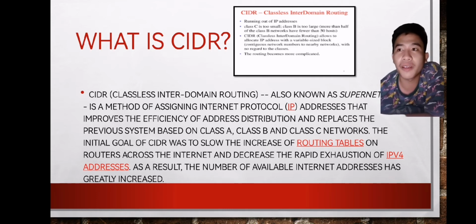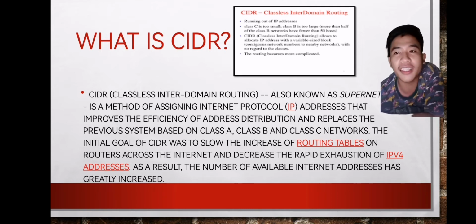CIDR is classless inter-domain routing, also known as supernetting. It is a method of assigning internet protocol (IP) addresses that improves the efficiency of address distribution and replaces the previous system based on Class A, Class B, and Class C networks.